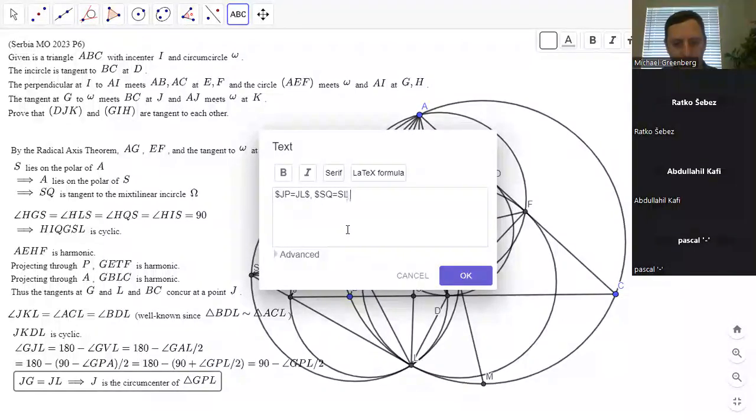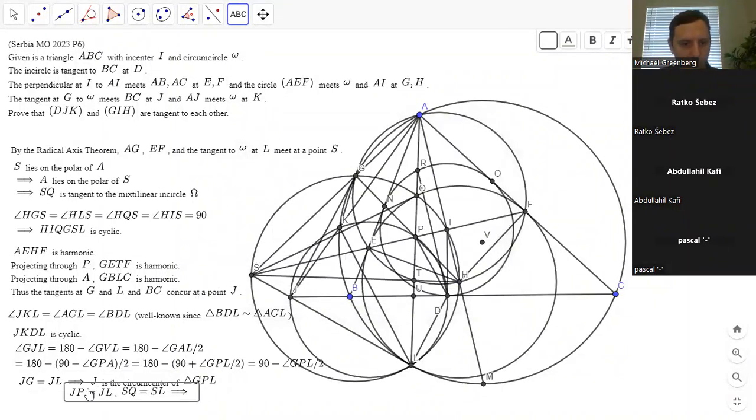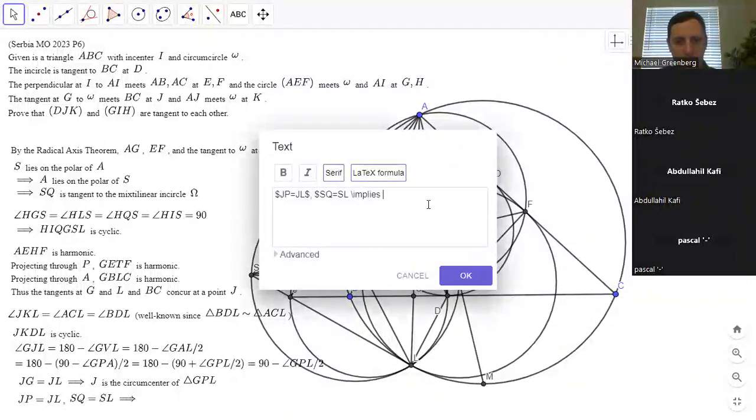And that implies triangles JPL and SLQ are homothetic. Homothetic. And that implies those circles are tangent. I think that's right.